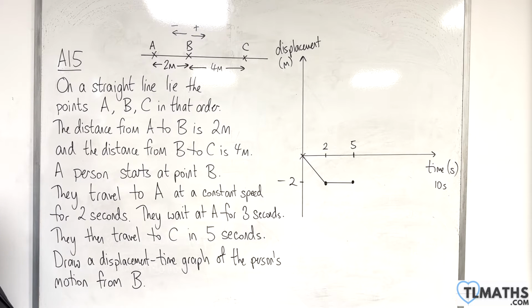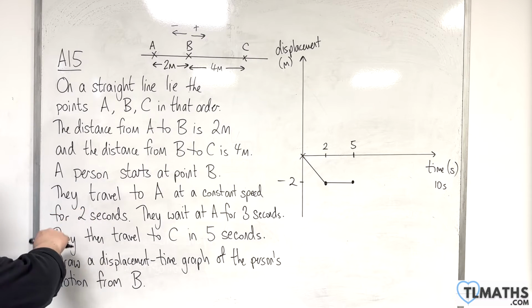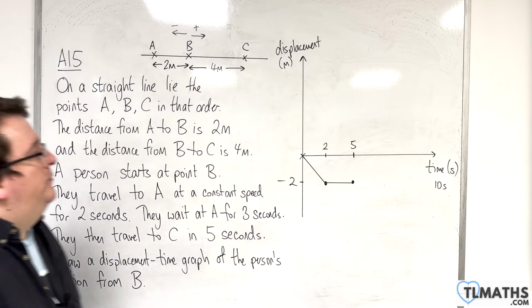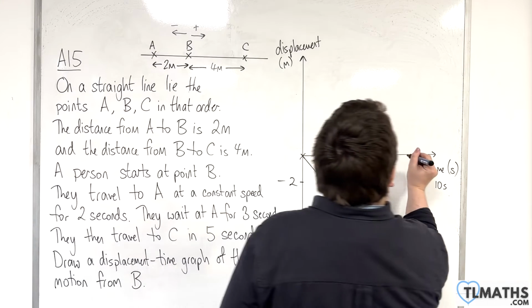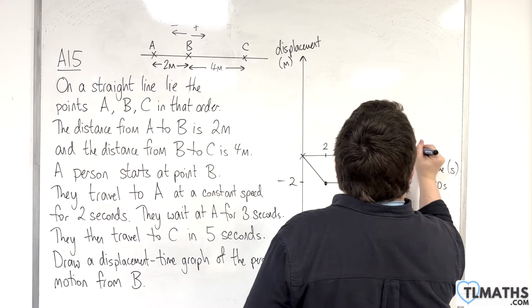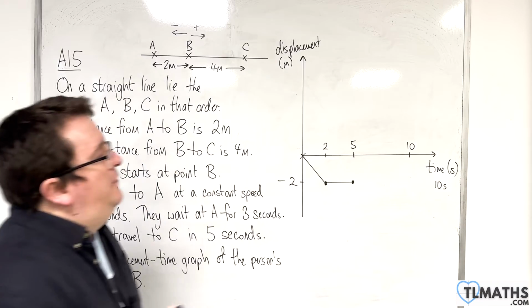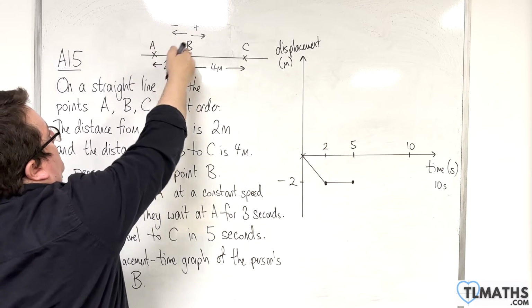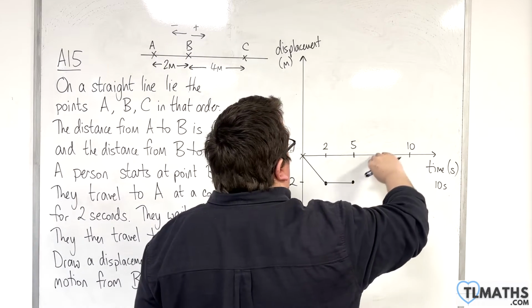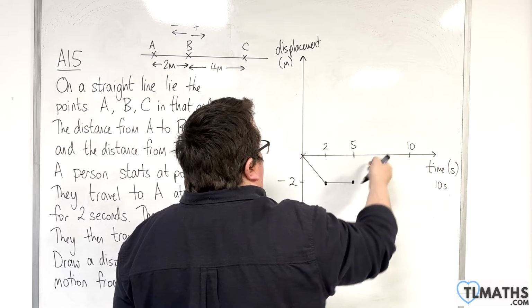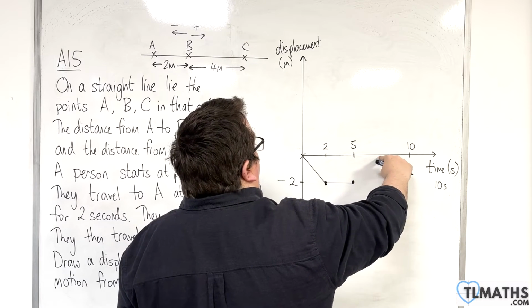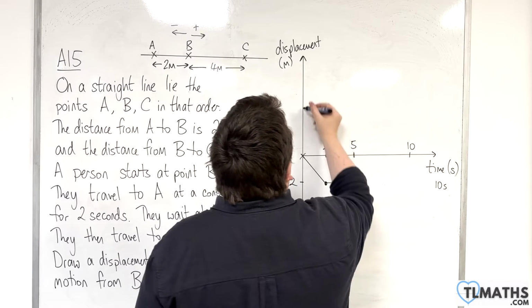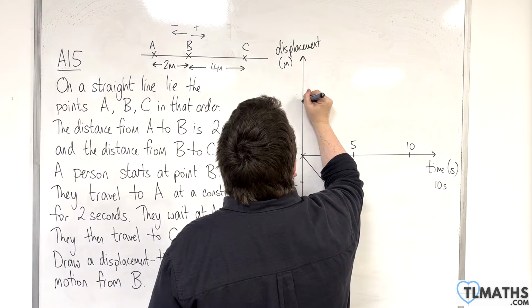Okay, and then they then travel to C in 5 seconds. So in 5 seconds, so let's put the 10-second mark here. In 5 seconds, they go from A to C. So you travel 2 meters back up to get to B. So in going back up to the line, you're going back to B, and then another 4 meters to get to C. So 4 meters, it's got to be somewhere around about here.